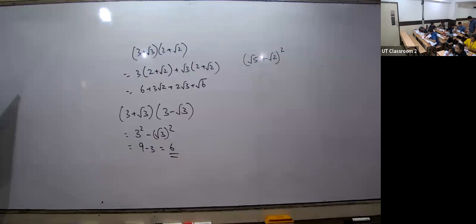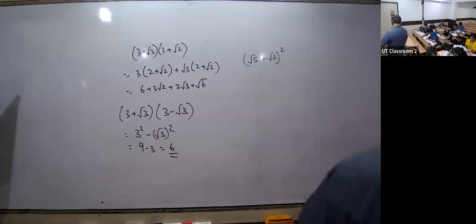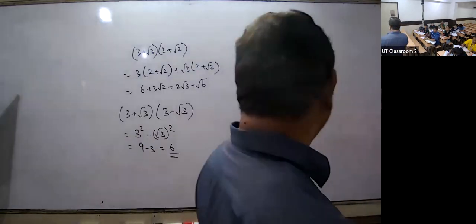What is the identity? A plus B whole square is equal to A square plus 2AB plus B square.